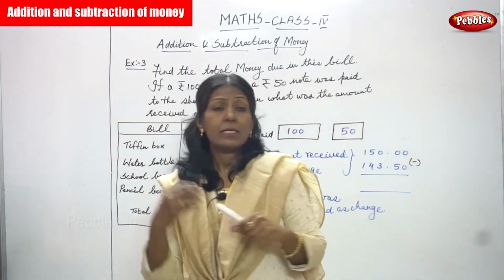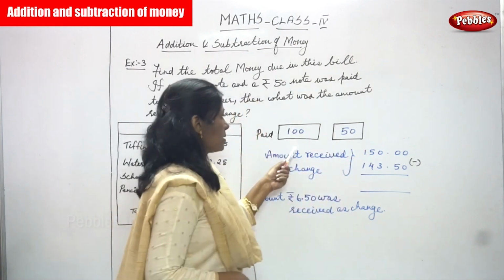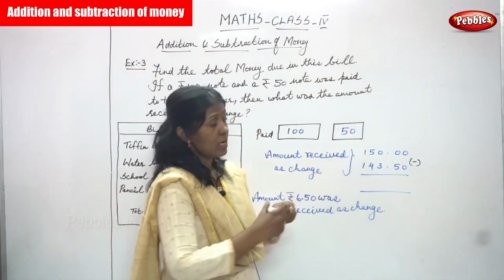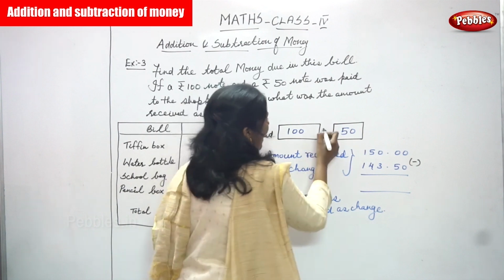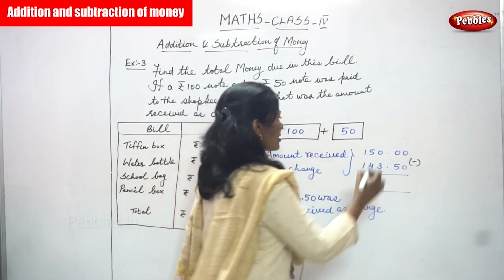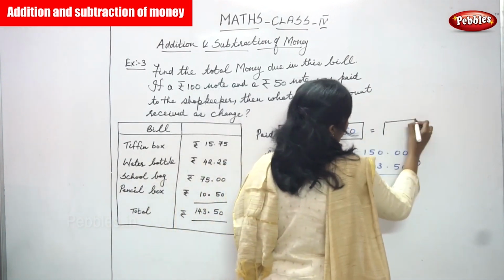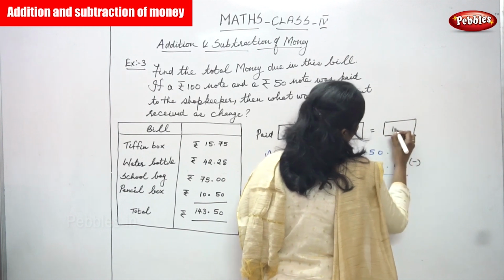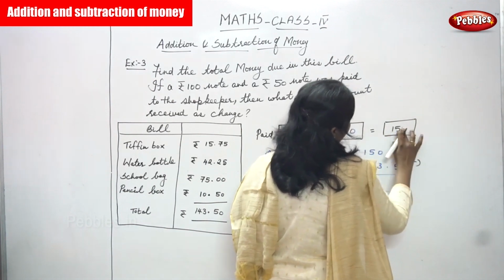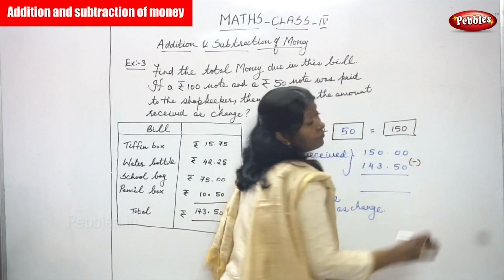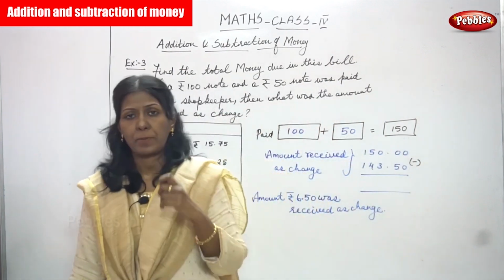He paid rupees 100 and rupees 50. First you have to add together the amount, that is 150 rupees. So he paid 150 rupees to the shopkeeper.